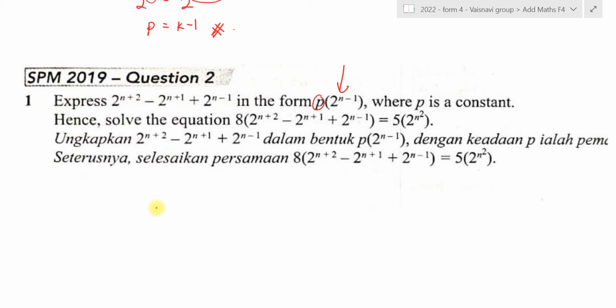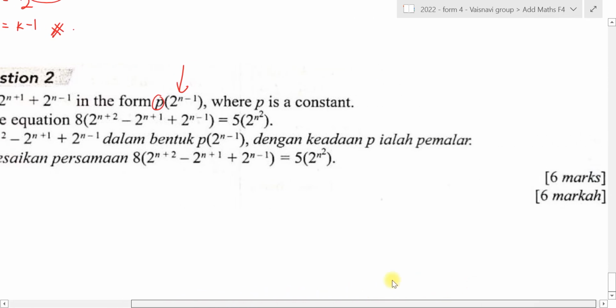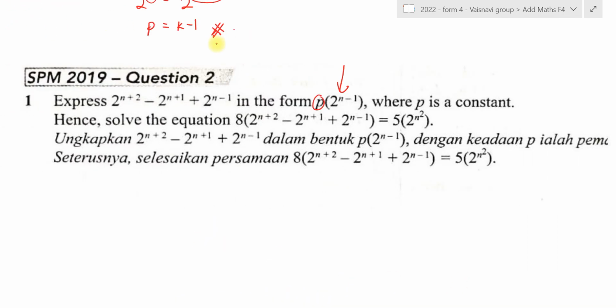Hence, you need to solve the equation for this one. Got a lot of sub questions here, and you are given 6 marks. This is example of paper 2 question. Okay, let us see how to deal with this.